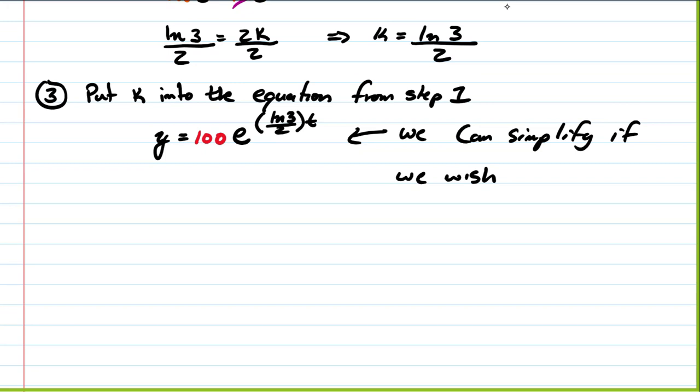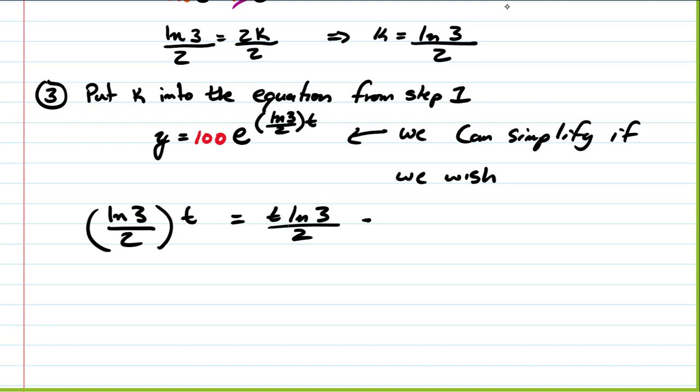So it's worth noting, the simplification will be nice, though. So we have the natural log of 3 over 2 times t is the same as t times the natural logarithm of 3 over 2, which we can write as t over 2 times the natural log of 3.